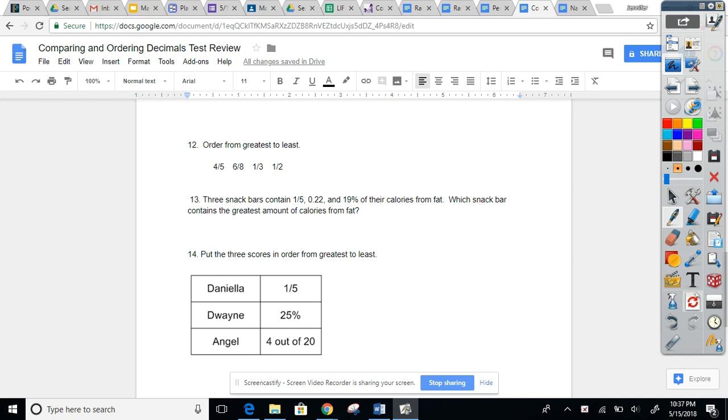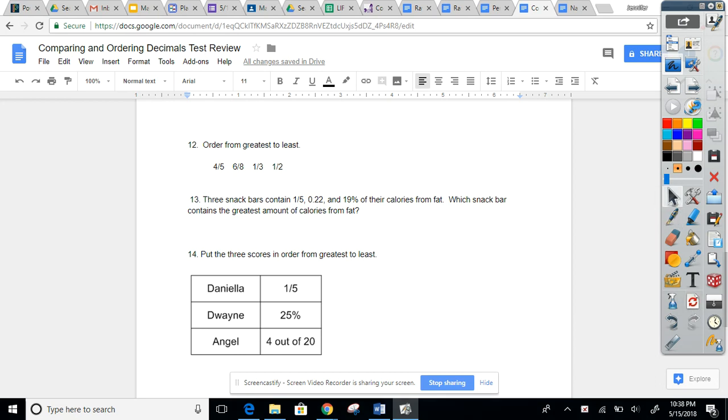So we should know that 4/5 is equivalent to 6/100, okay? And then we should be able to simplify 6/8 into 3/4, and we should know that 3/4 is decimal 75. We should know that 1/3 is 0.3 with a bar over it. And we should know that 1/2 is 0.5, okay? Those are common fractions that we should be able to convert to decimals quickly.